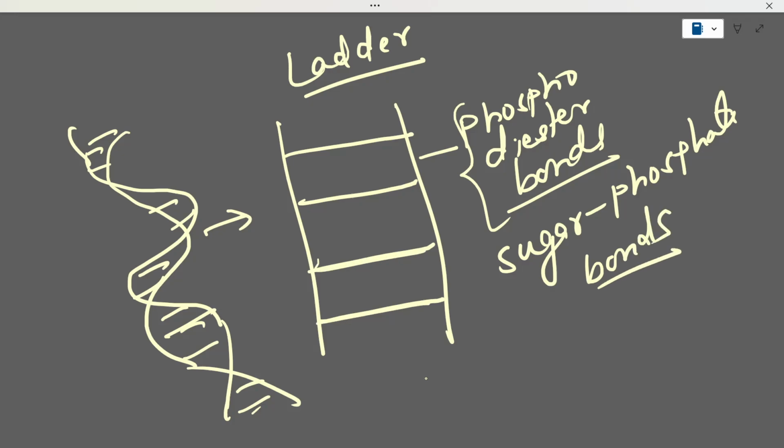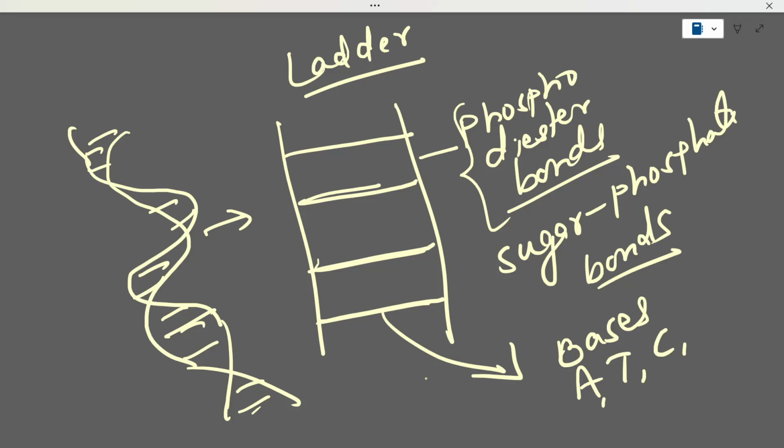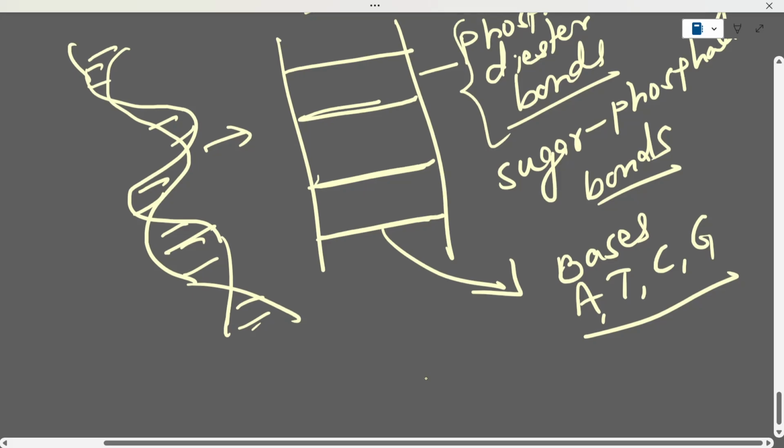And the rungs of the ladder are the nitrogenous bases, which are A, T, C, G in the case of DNA.